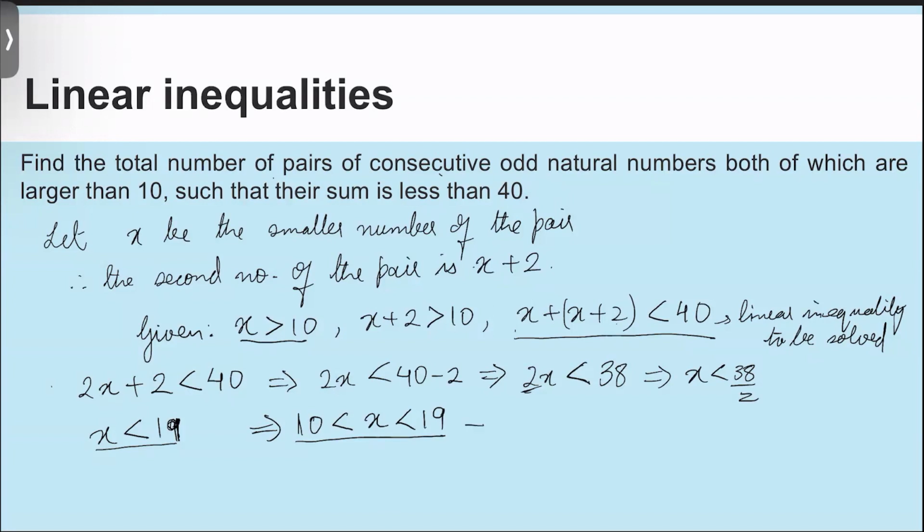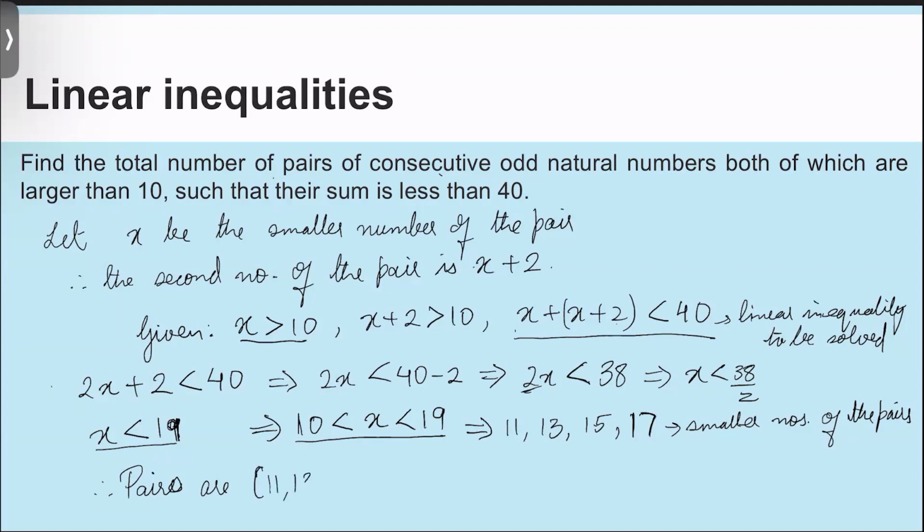So if this is the solution, then all the odd numbers that you have between 10 and 19 are going to be 11, 13, 15, and 17. Okay, so these are all the smaller numbers of the pairs. Now we are saying that each pair consists of consecutive odd natural numbers. So the pairs are: one pair is 11 and 13.